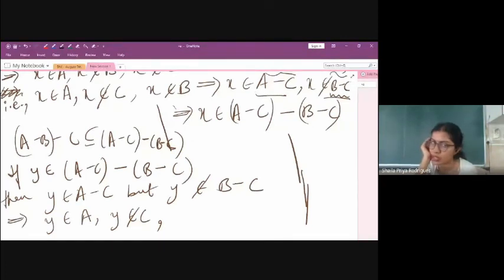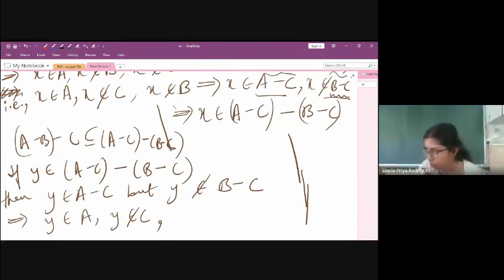Y belongs to A − C means Y belongs to A but not C. Now Y does not belong to B − C. What does that mean? Does not belong to B nor C. Now, most students I've observed write Y does not belong to B as well as Y does not belong to C. The reason Y is not a part of B − C is because Y is not a part of B. It doesn't matter whether Y is a part of C or not.